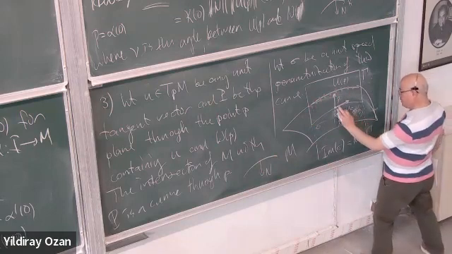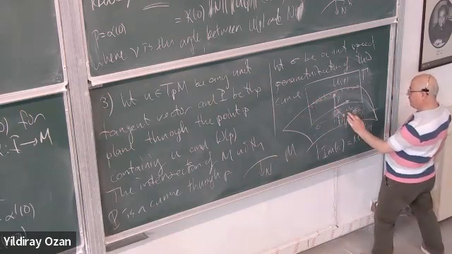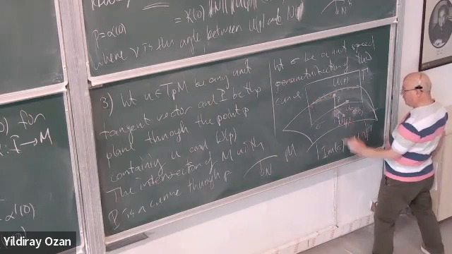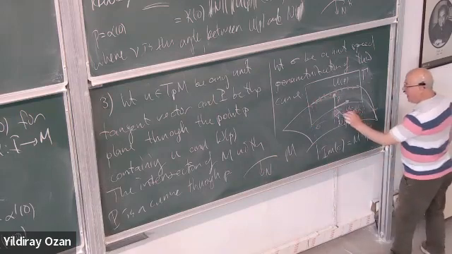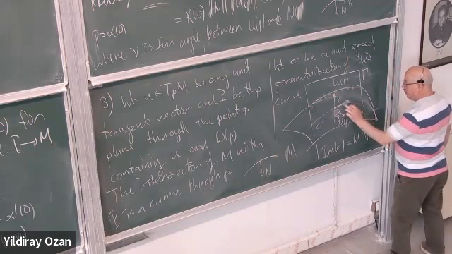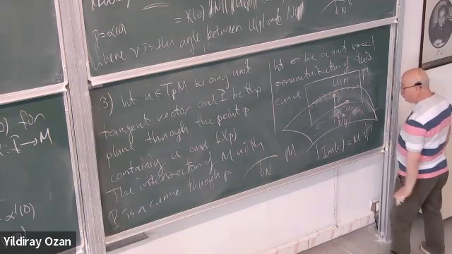So this n should be in the plane, and n is perpendicular to the tangent vector. The tangent vector is the vector u.